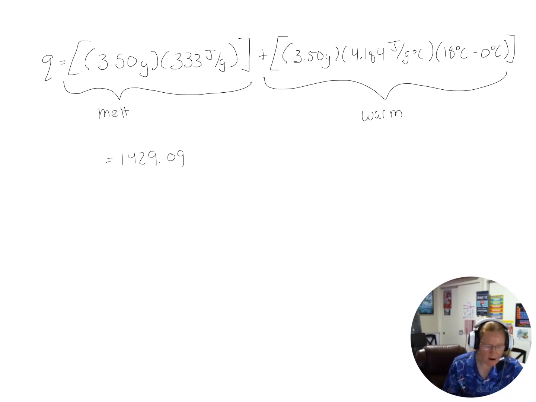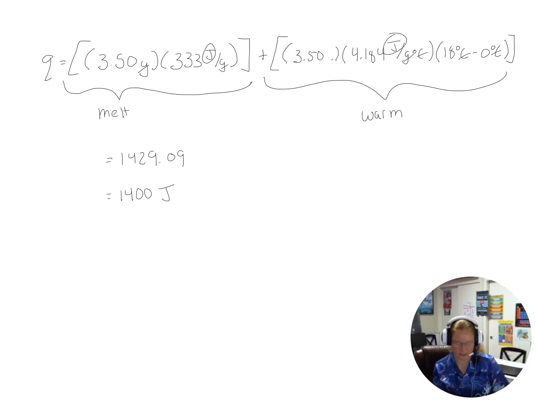In our problem, our temperature was given to us at 0.0 degrees Celsius, so two significant figures there. So we're going to get 1,400 joules, because grams and grams cancel, degrees Celsius and degrees Celsius cancel, leaving us with joules. So your heat should be in joules.